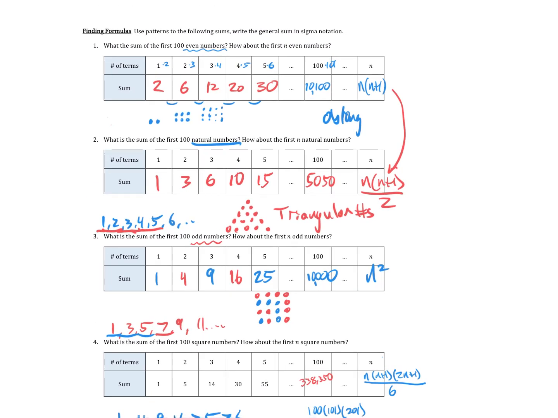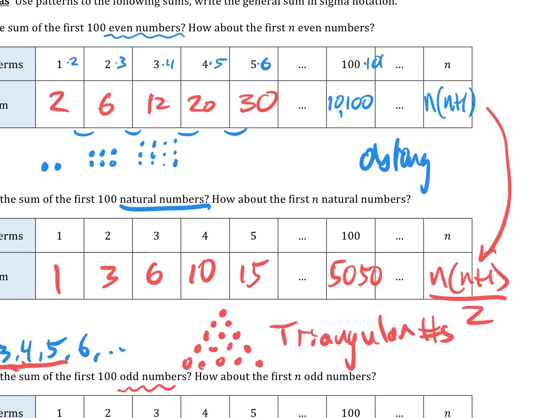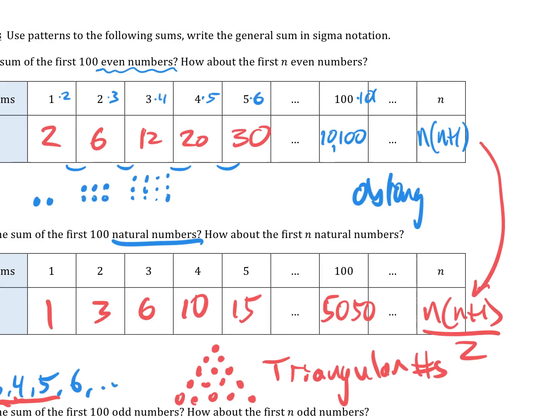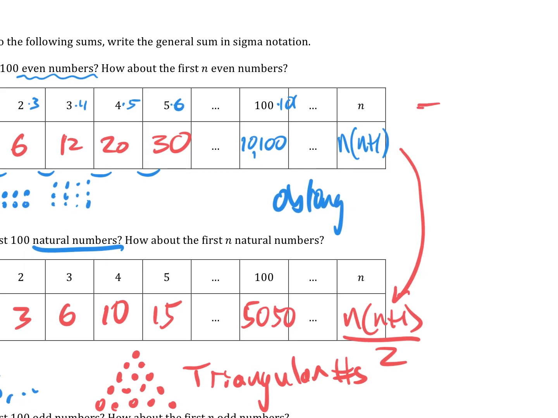Now, what does that mean to us? Well, this up here, this was the sum of the even numbers. So we can write that as the sum of i equals 1 to n of 2i. Even numbers are 2 times i. And if you work this out, you'll get 2, 4, 6, 8. All right.